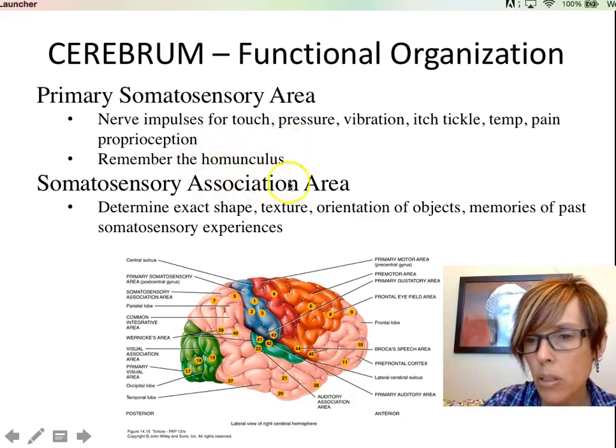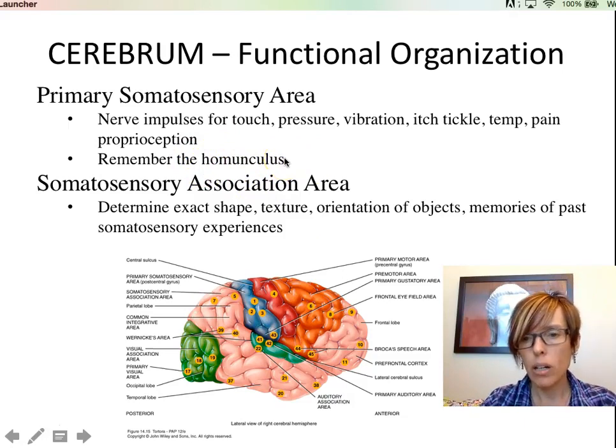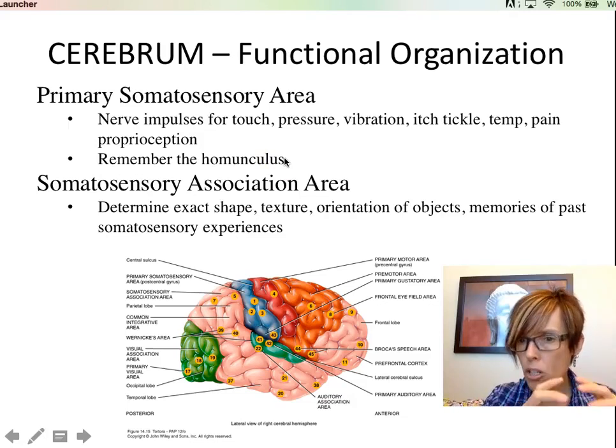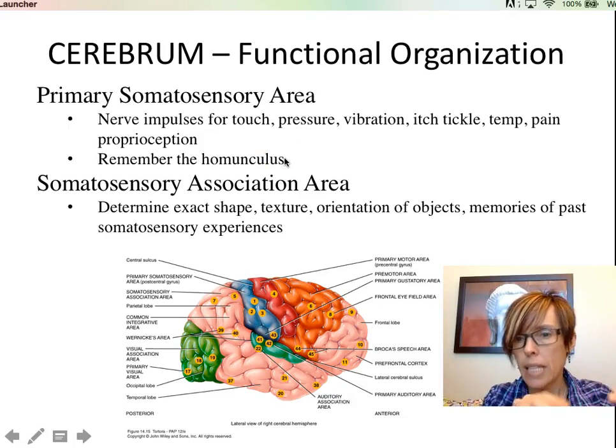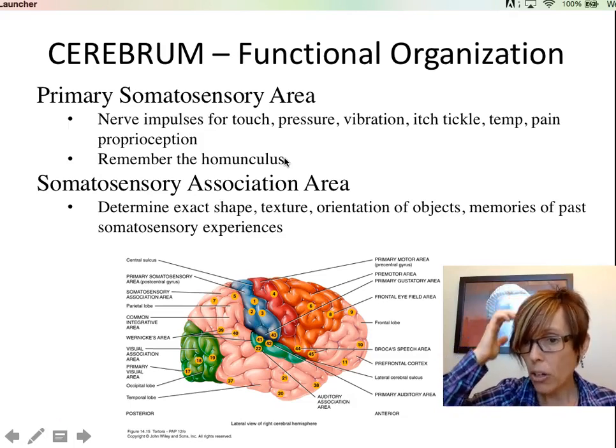You will not have seen this yet. We're going to talk about something called a homunculus in a couple of lectures. Basically, a homunculus is a representation of a human. In real life, it might be a little statue or something like that. In our brains, we have a little representation of our bodies actually mapped out on our brains.